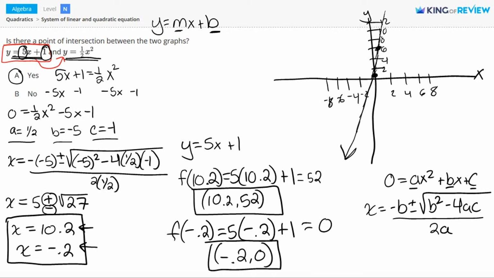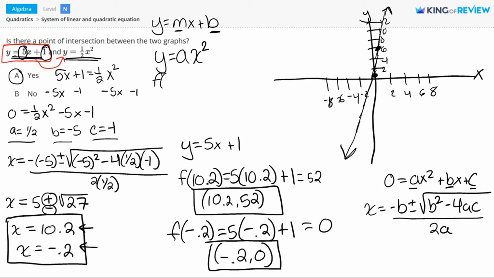So here's our line. And now let's look at the second equation, y equals 1/2 x squared. We know that this is a parabola because it's in the form y equals ax squared. So we can plug in a couple of values for x and solve for y so that we can get some coordinates to plot. It doesn't matter which values of x you choose.